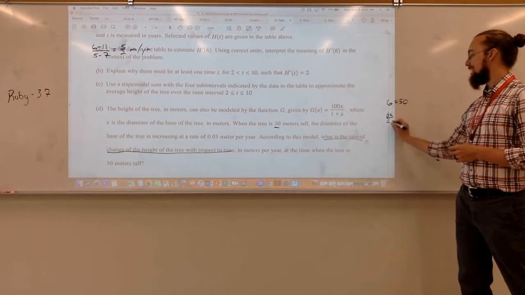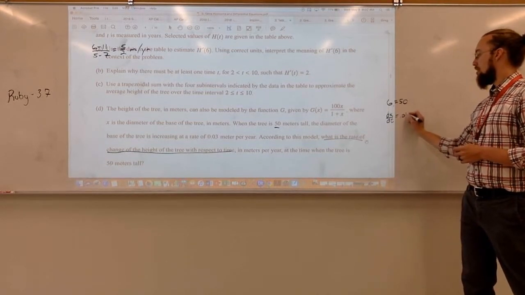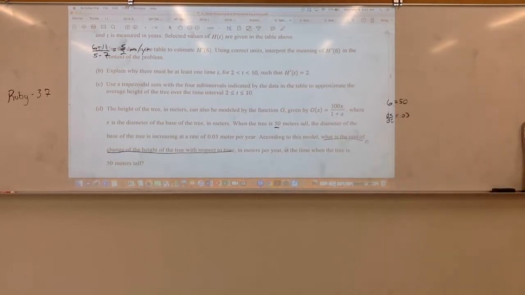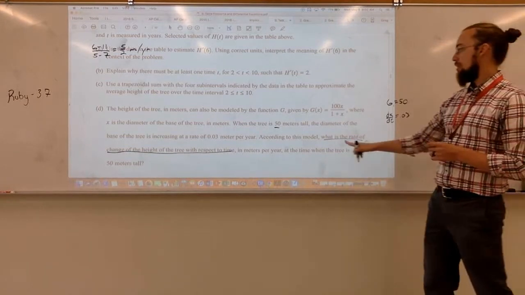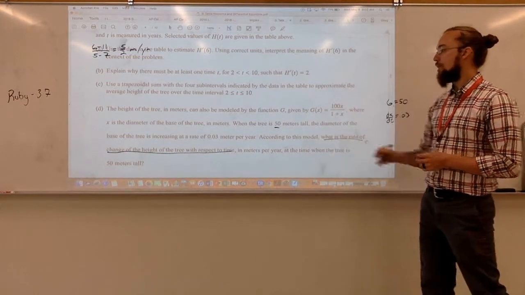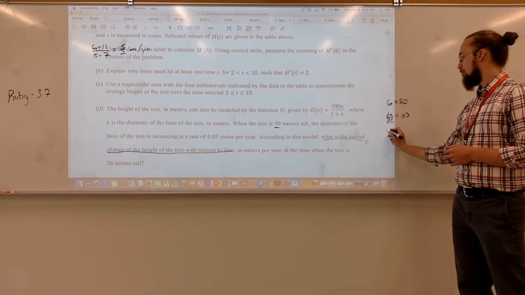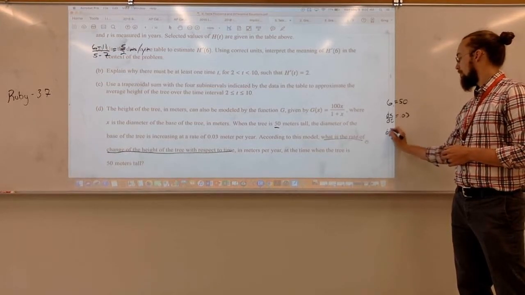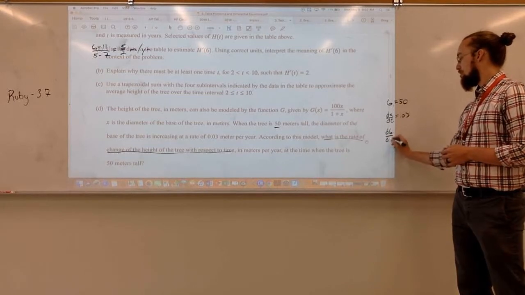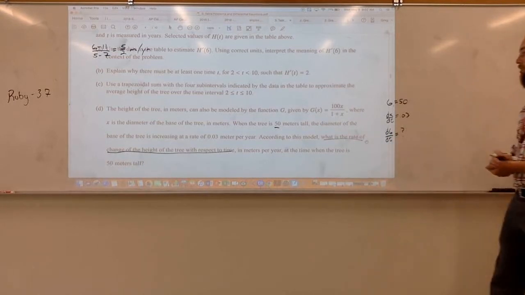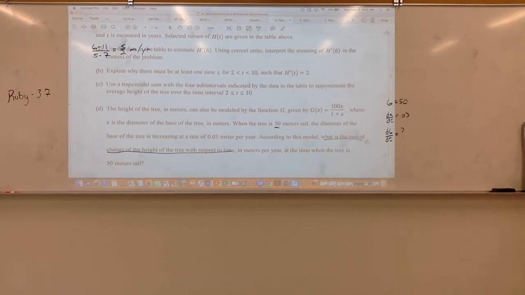So that would be dx dt equals 0.03. So we want to find the rate of change of the height of the tree. So the rate of change of the height would be dg dt. That's what we want to find.